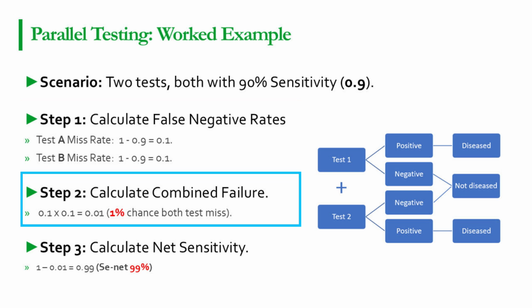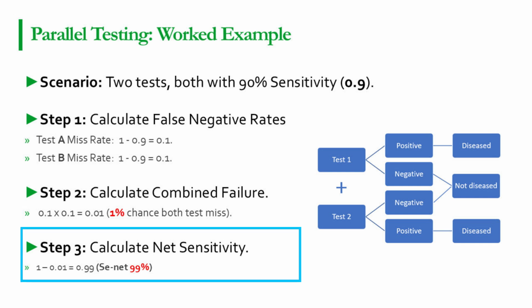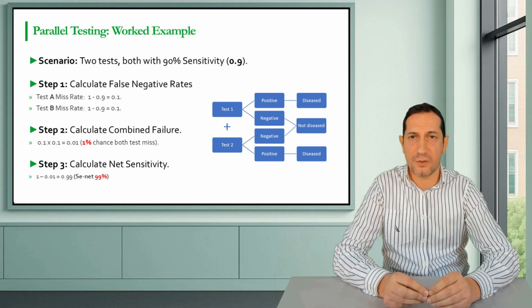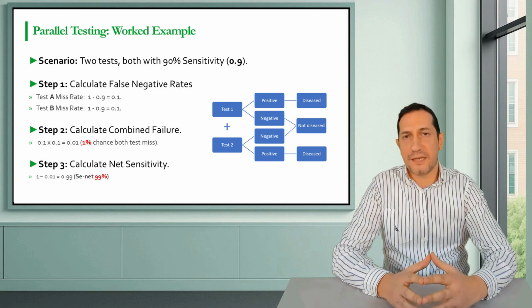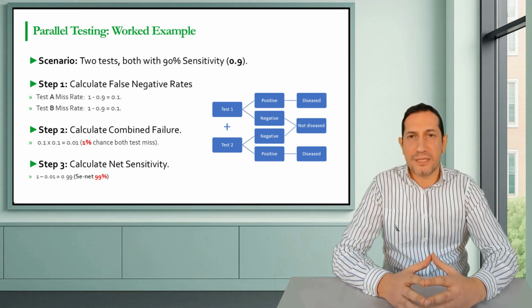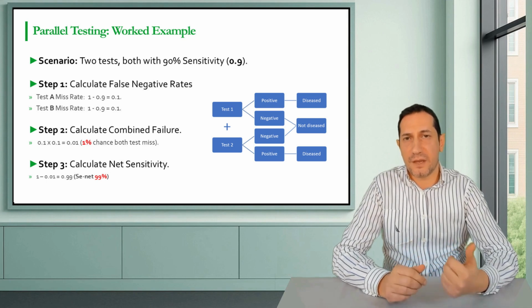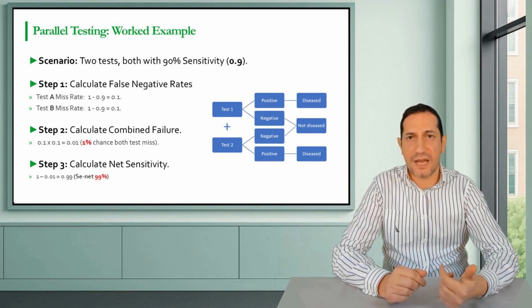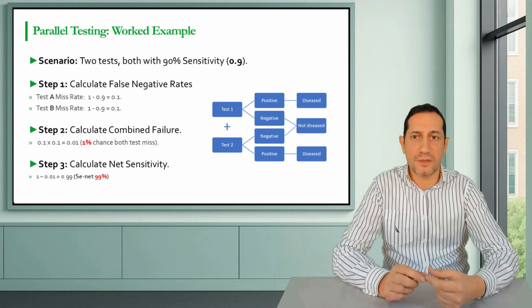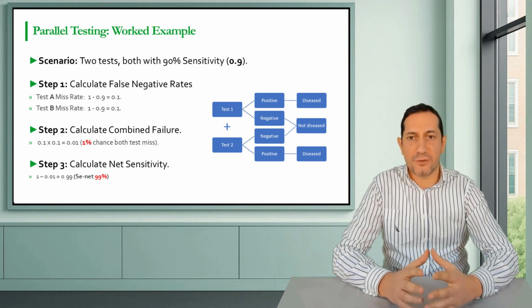That means there is only a 1% chance of missing the disease. So the net sensitivity becomes 1 minus 0.01, which is 0.99 or 99%. In other words, parallel testing turns two moderately sensitive tests into a very high sensitivity combined strategy, which is why it's used when the priority is to minimize false negatives.